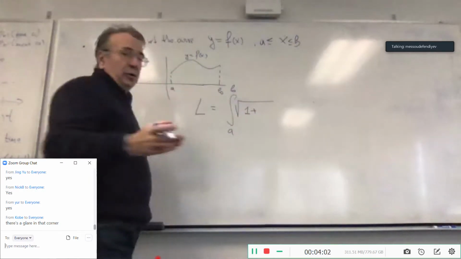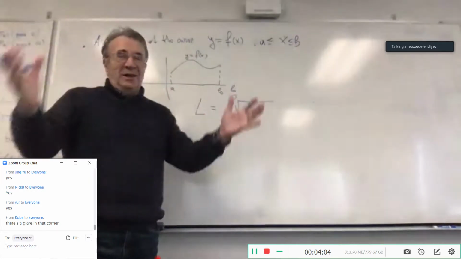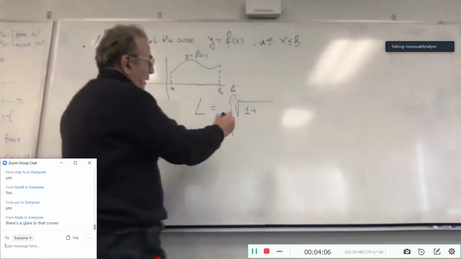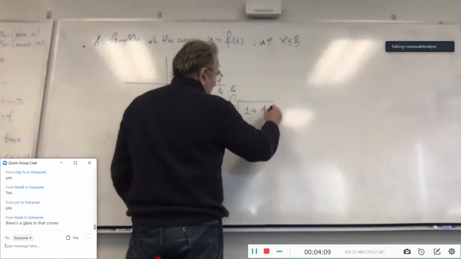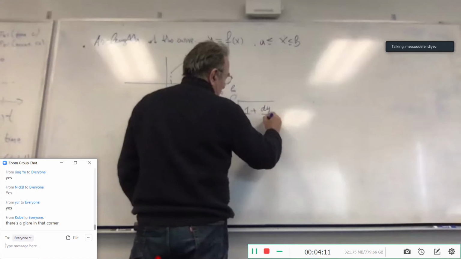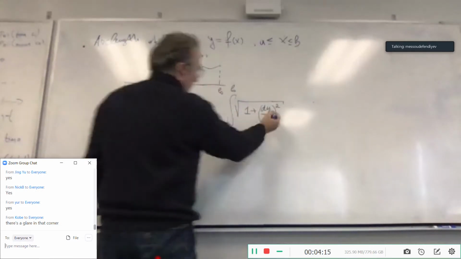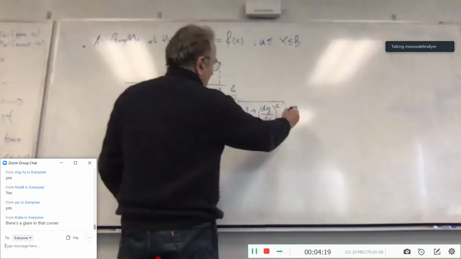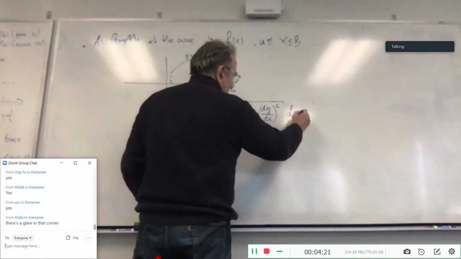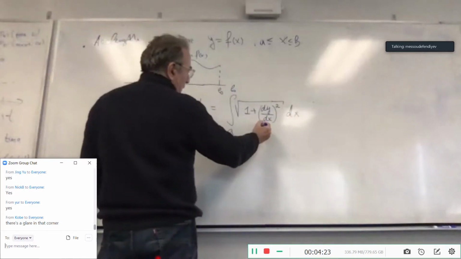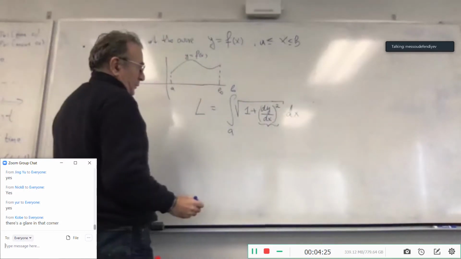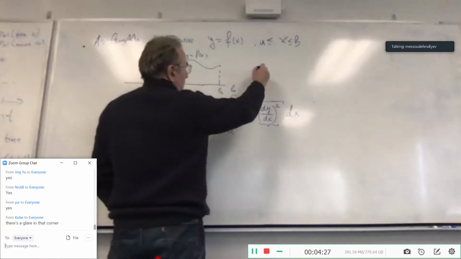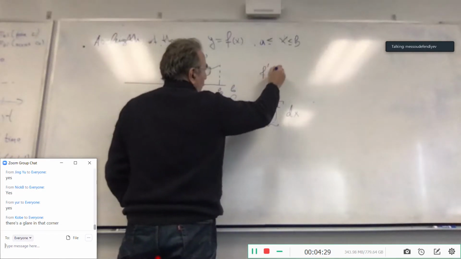We have already agreed that sometimes I will write the derivative like this, 1 plus the fraction dy over dx. Sometimes, if you don't mind, I will instead write f prime of x.